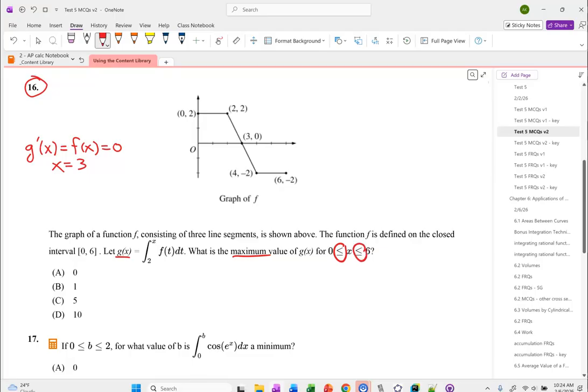What type of interval are we looking in? Closed. So what else do we have to check? We also have to check the endpoints. Everybody's okay? So I need to check then g of 0, g of 3, and g of 6.